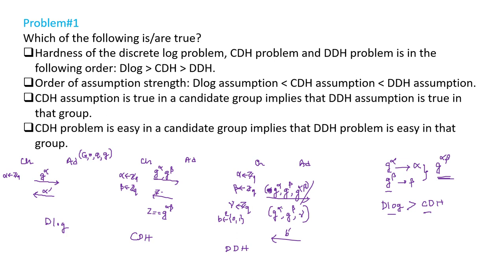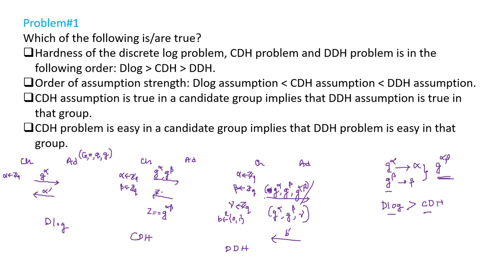But there are instances of such groups where DDH can be solved but CDH cannot be. So you can distinguish between the two cases by some mechanism, but you can't actually compute the value of g to the power alpha beta. That is why the CDH problem is a harder problem than the DDH problem.